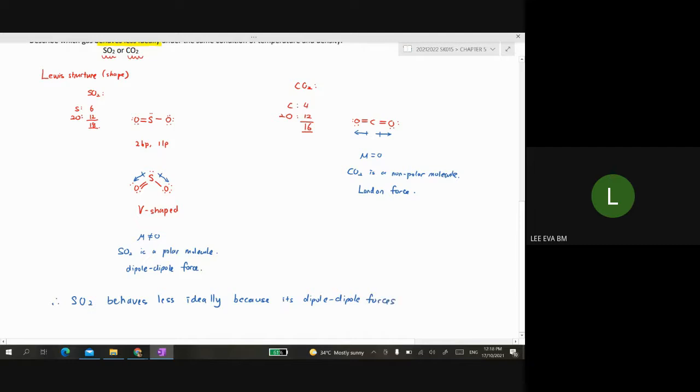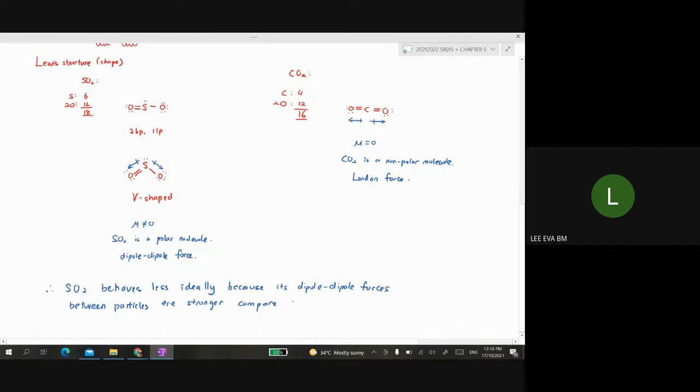Okay, because it's dipole forces between particles are stronger compared to London forces in carbon dioxide. Mention also what the forces in CO2 are.